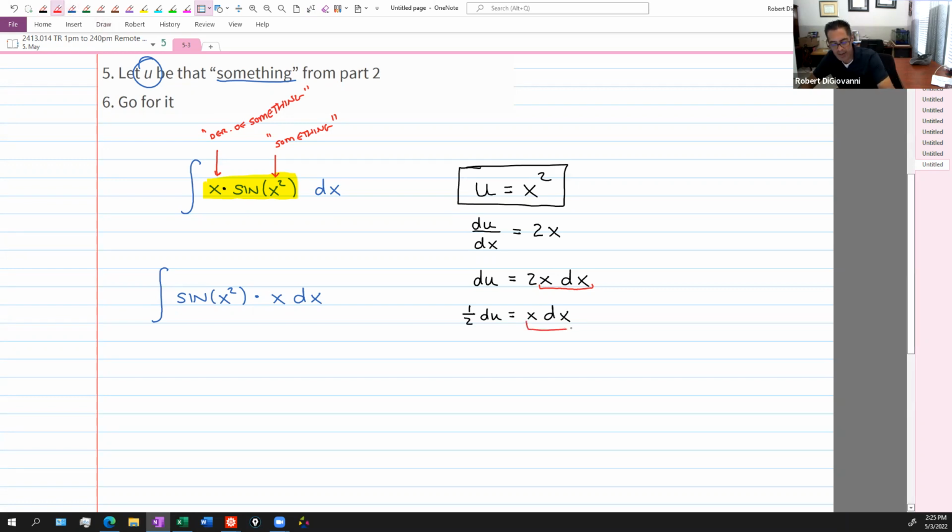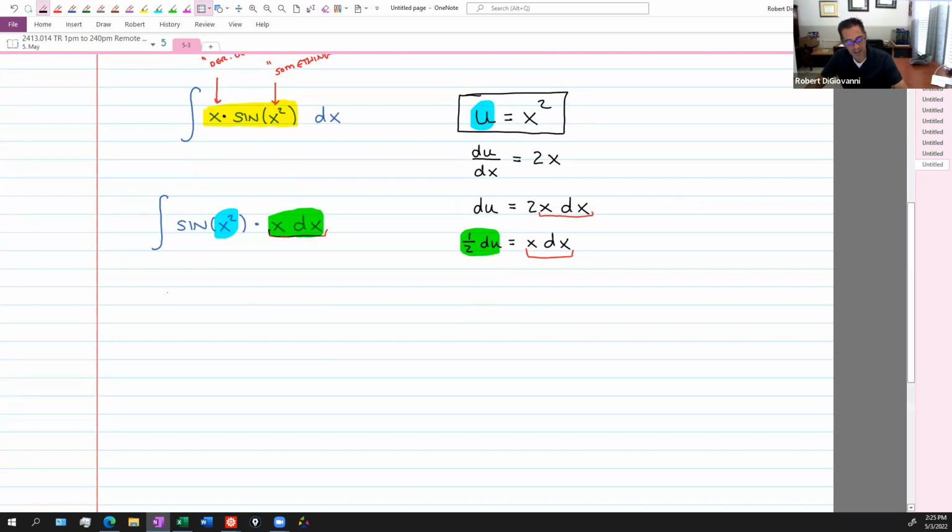Do you see how that x dx now looks exactly like this? Which means that I can replace everything in green with half of du. Everything in green will be replaced with half of du. And everything that's blue will be replaced with u. Because isn't x squared what we said u was?